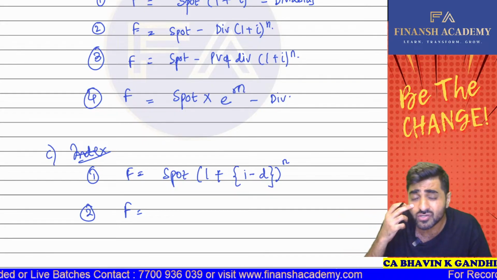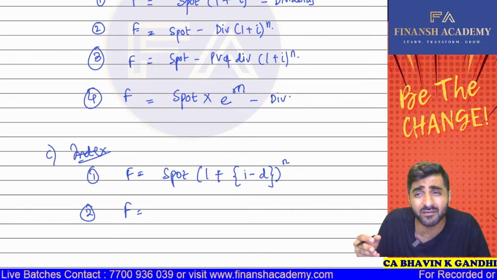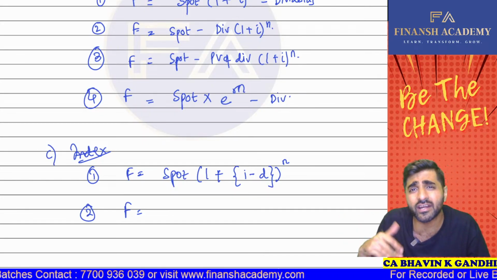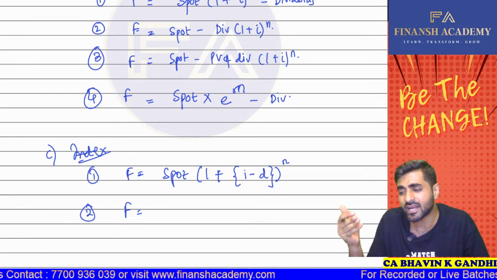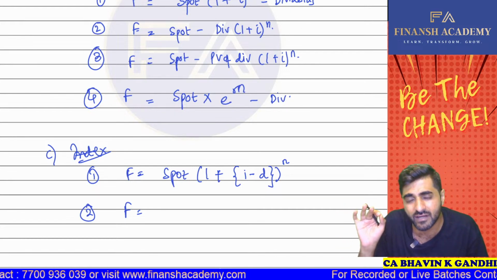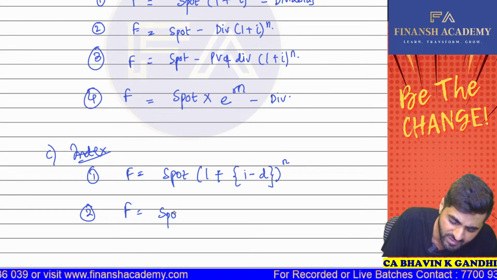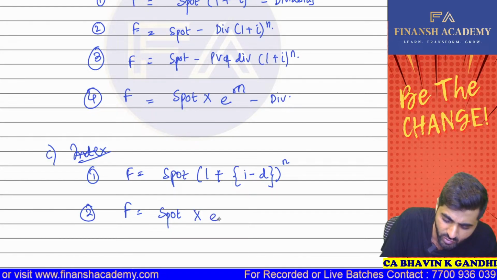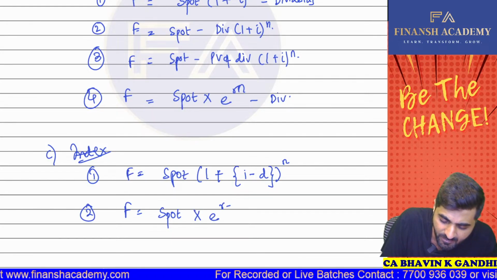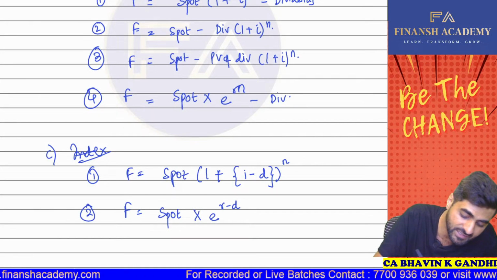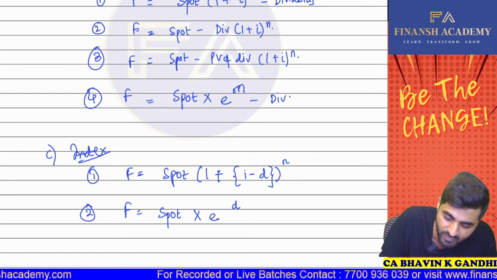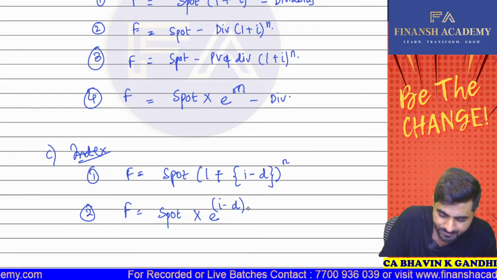So it's not going to be calculated on present value terms because it's already in the form of a percentage. Okay. So that is why this will be simply your dividend yield. And then alternatively, let's say for example, if there is continuous compounding, it will be spot into e raised to the power r minus d. Or we can also call this I minus d because everywhere I've used I minus d.